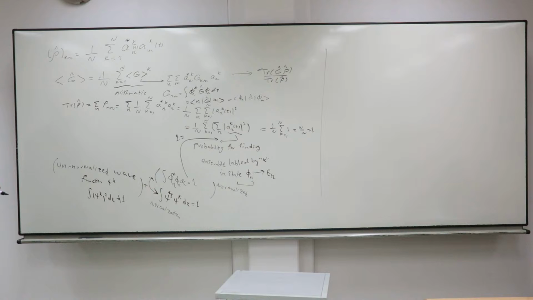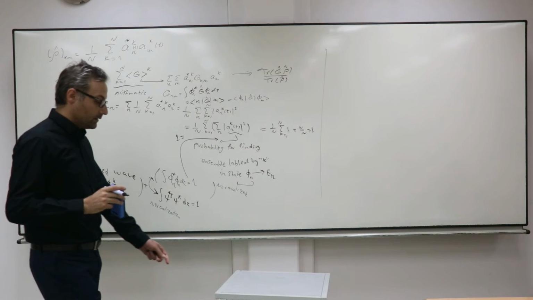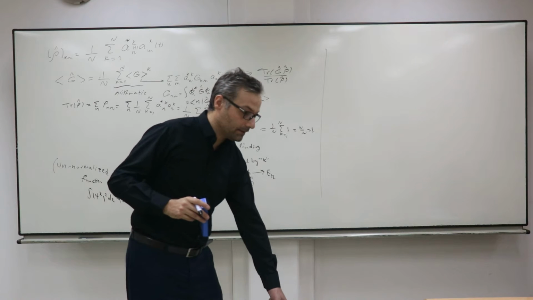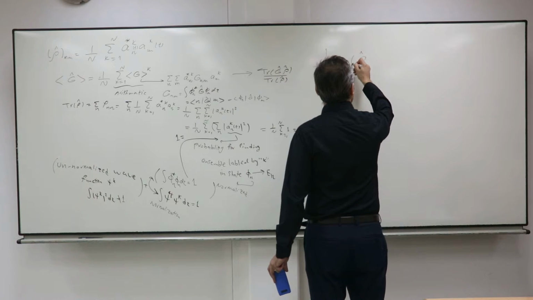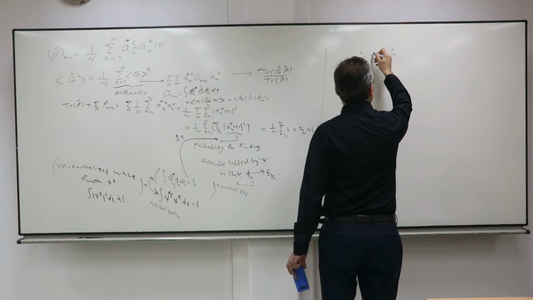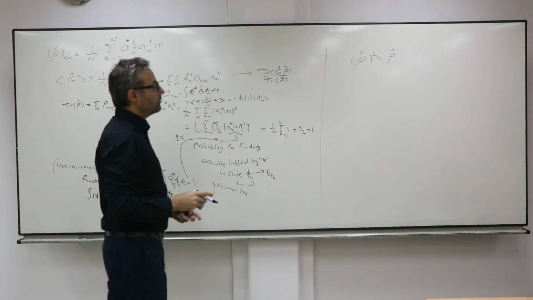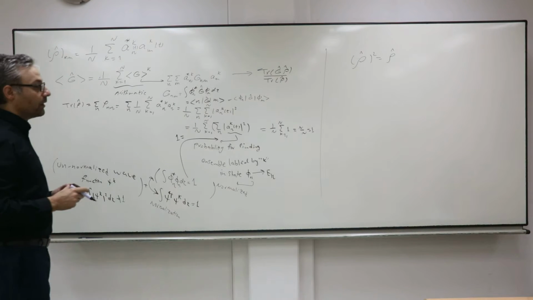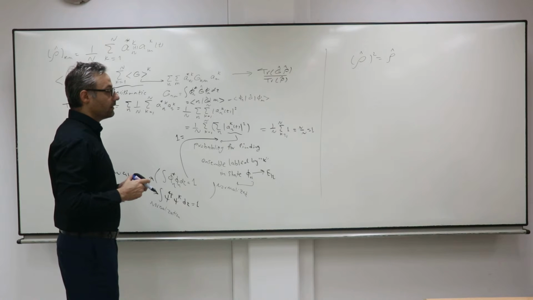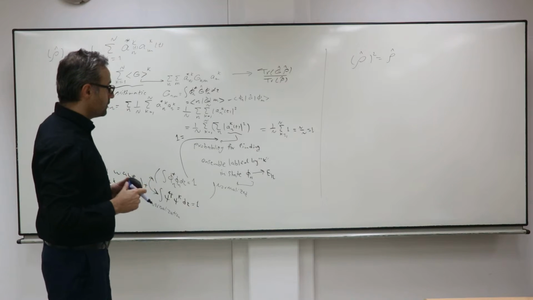So the next thing which I tried to prove was that the rho squared matrix is just rho. Let me go back again to this proof. For the case when you have a micro-canonical ensemble, I will write a few minutes later, the proof is very easy.